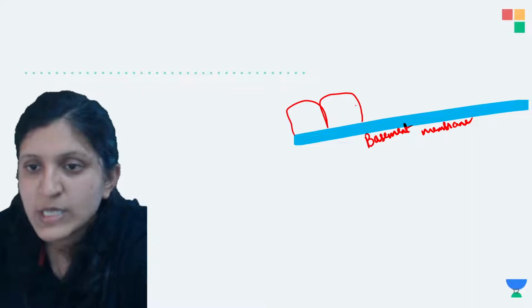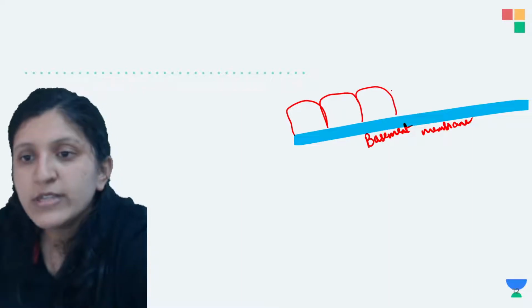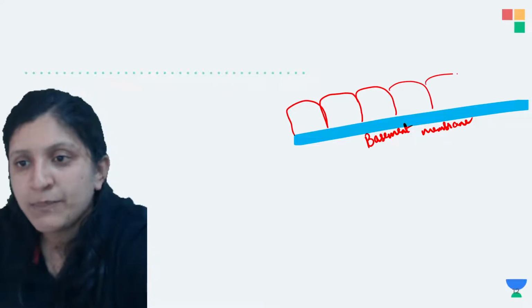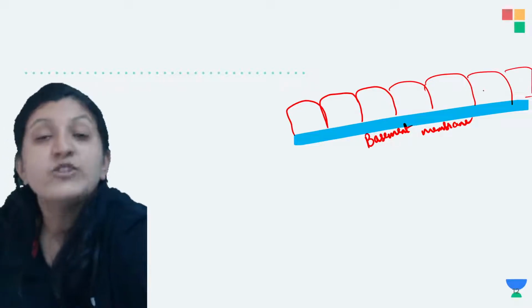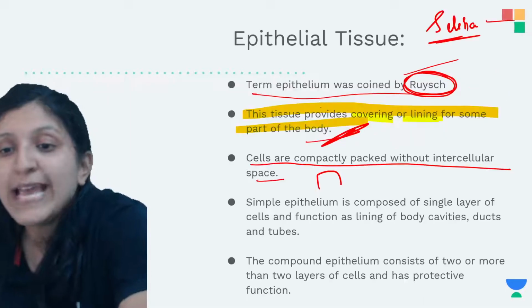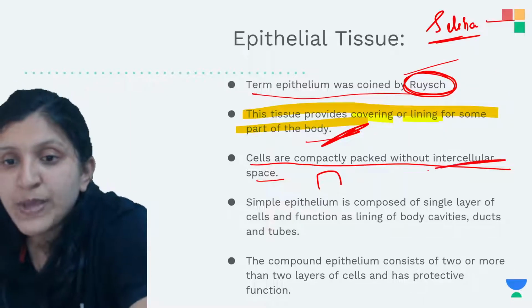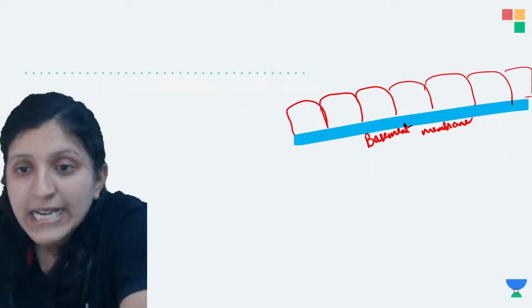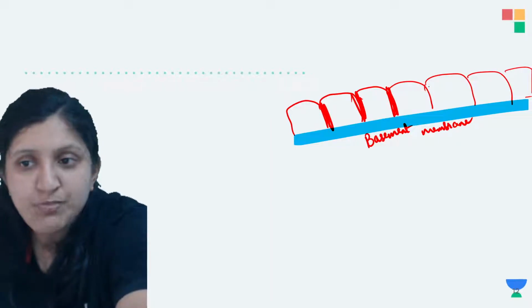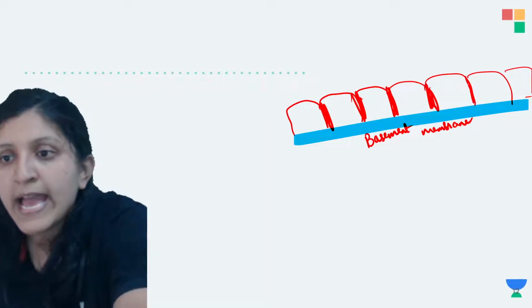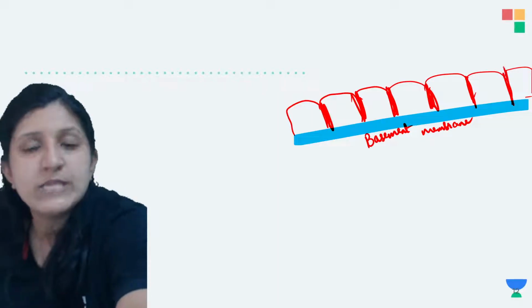Since these look cubical, they are called cuboidal epithelium. There is no intercellular space, so they are tightly packed, completely packed, with no space actually. This is with respect to cuboidal.